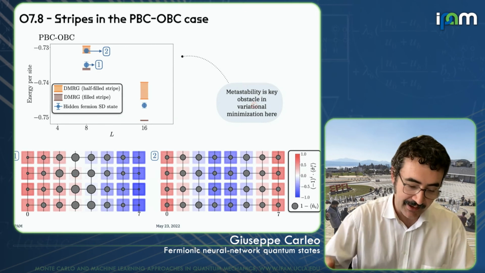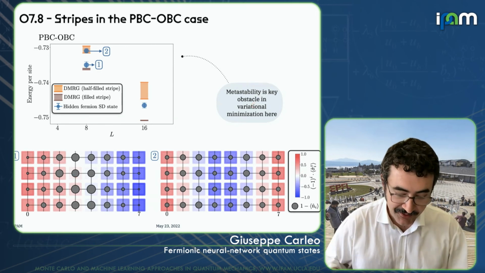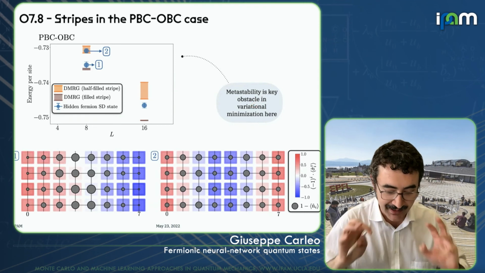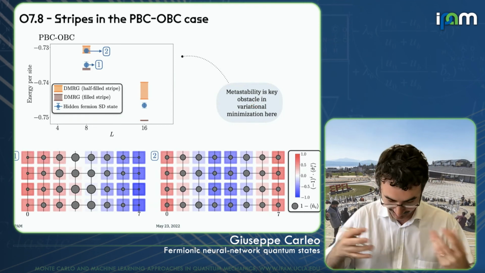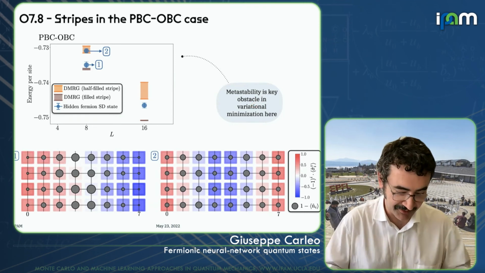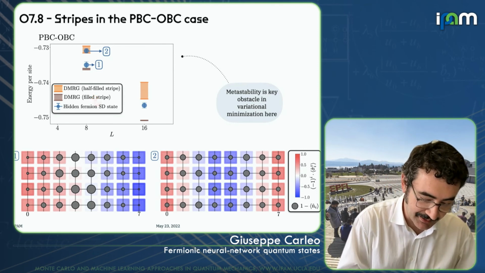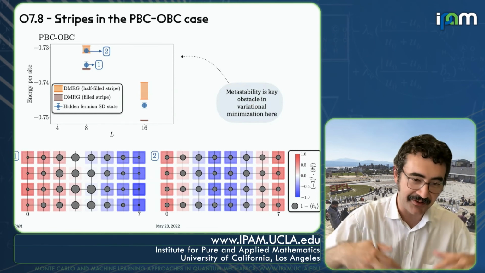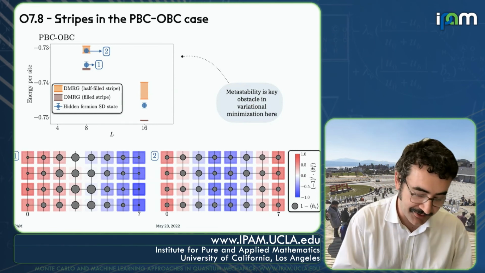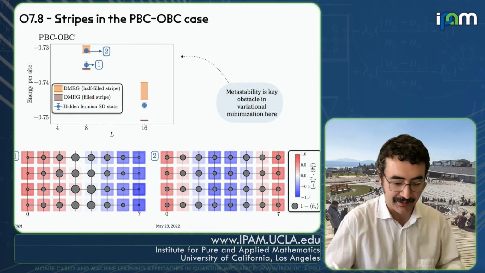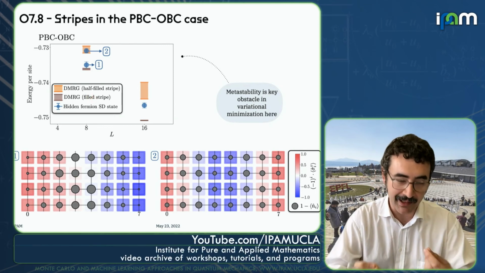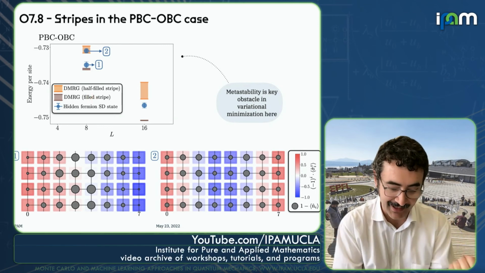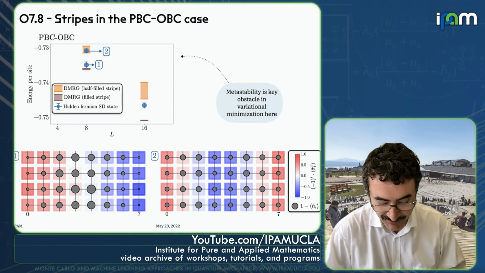We have some metastability issues in stabilizing the correct type of stripe. For example, the unfilled stripe tends to dominate the variational landscape of our minimization, and the filled stripe instead has to be pinned properly if we really want to find that kind of solution in our variational minimization.